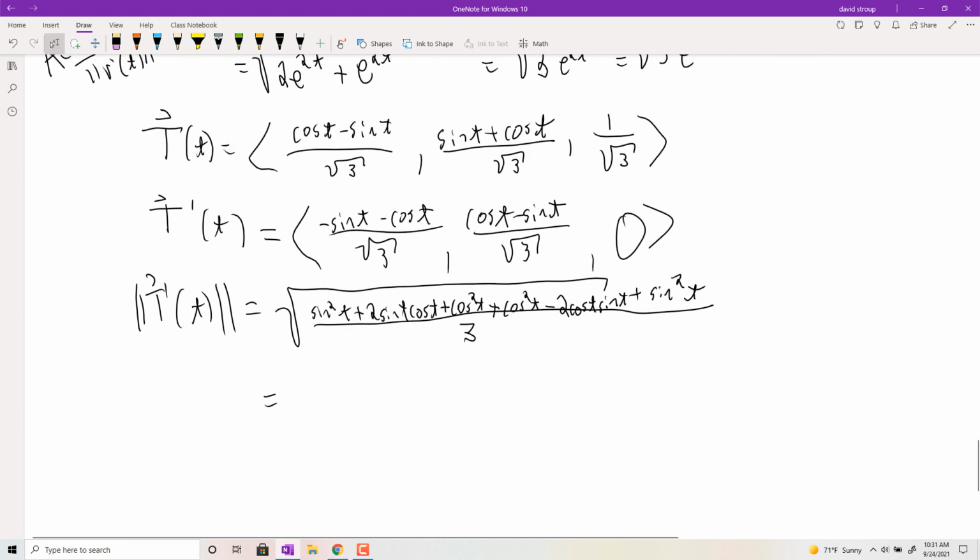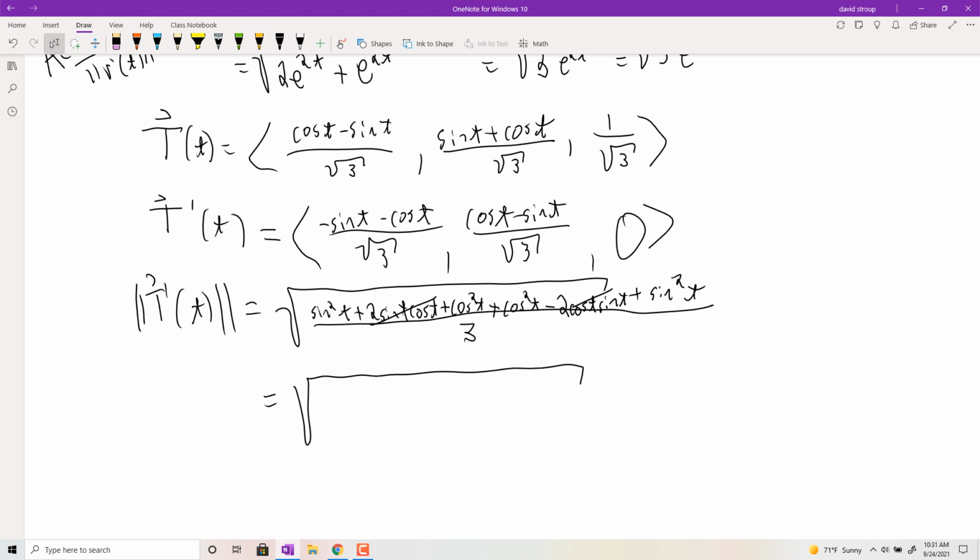Okay, so this would end up being the square root of, these guys cancel, then we have 1, 2 sine squares plus 1, 2 cosine squares, factor out the 2, Pythagorean identity, and we get root 2 over 3.